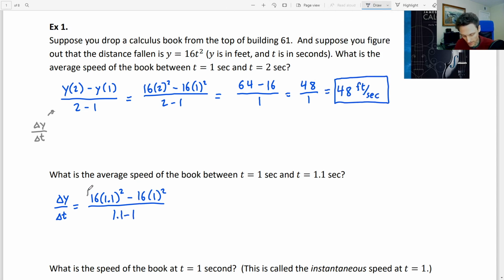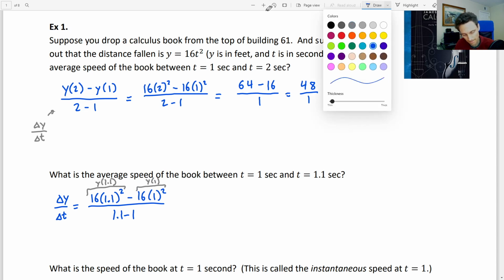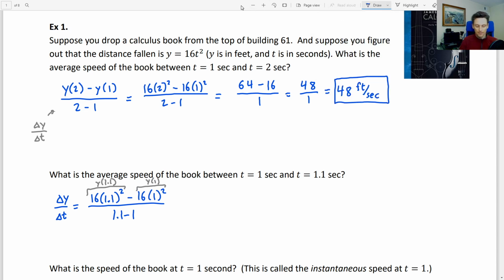So just to tie it back, this is like our y of 1.1, and this is like our y of 1. And working things out, you have 19.36 minus 16 over 0.1. And on the top, you end up getting 3.36 over 0.1.